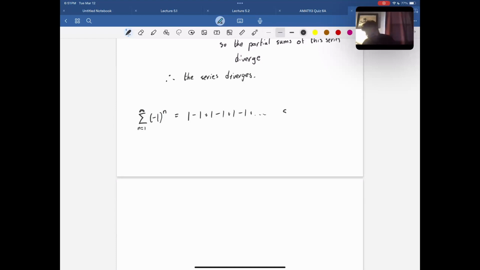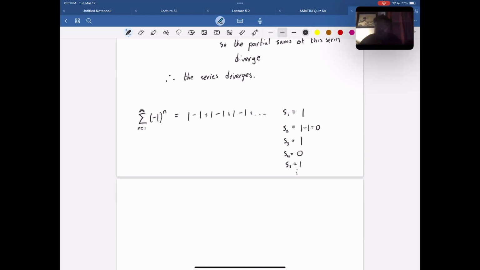And so let's build out our sequence of partial sums, right? So S1 is just going to be that first term. S2 is going to be the sum of the first two terms, but that'll be 0. The sum of the first three terms then is going to be 1 again, and so on, right? So S4 is going to be 0, S5 is going to be 1, and so on and so forth.